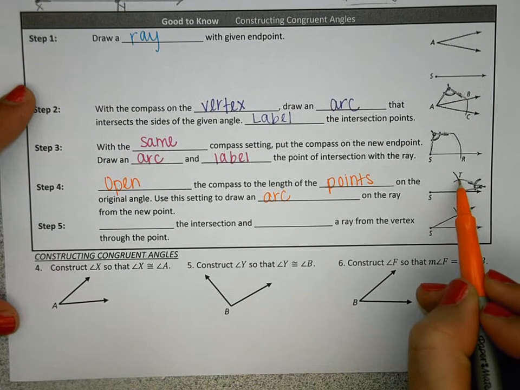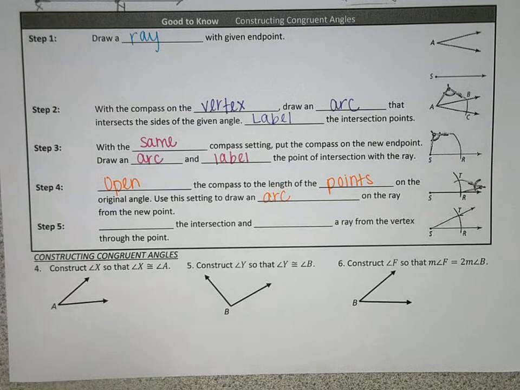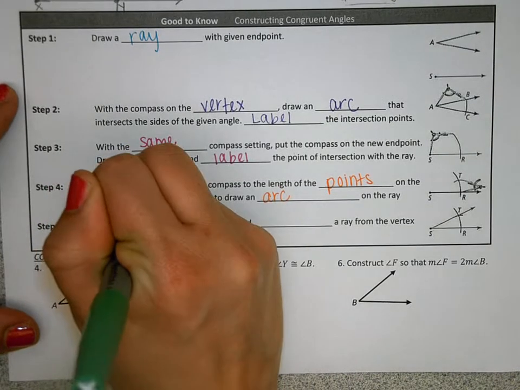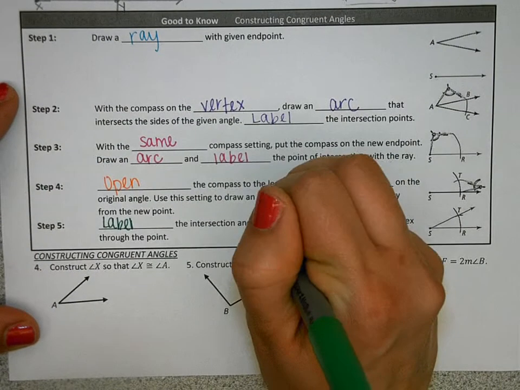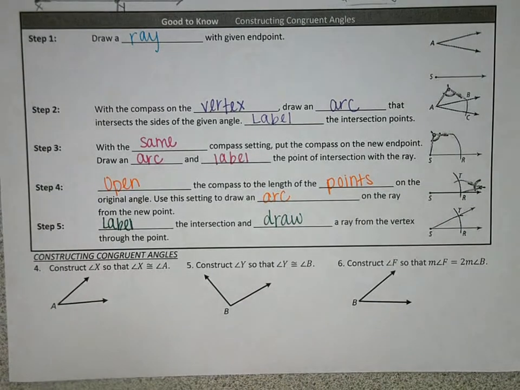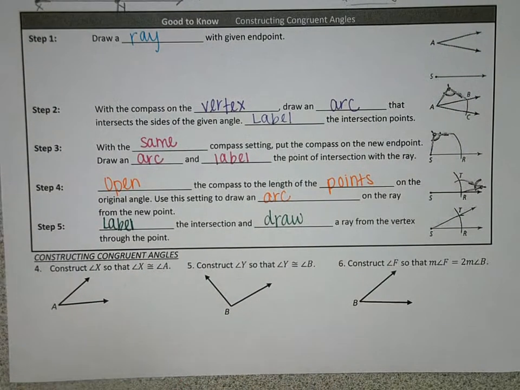So we're going to have an intersection, and you're going to label it and draw a ray from the vertex through that point. Then it's going to create an angle that has the same opening as the one that's given. It's kind of a lot of steps when you write it out, but when we do it, it's not going to be that bad.